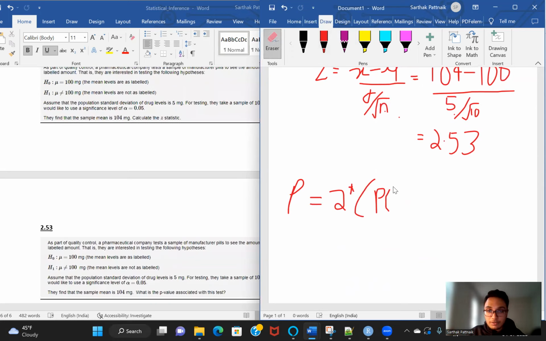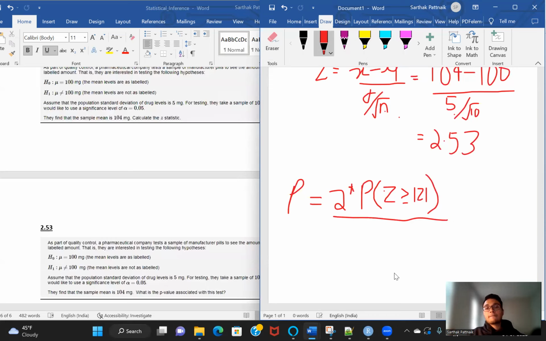sorry, let me rewrite this. Z greater than or equal to mod Z. This right here is going to be my resulting p-value.